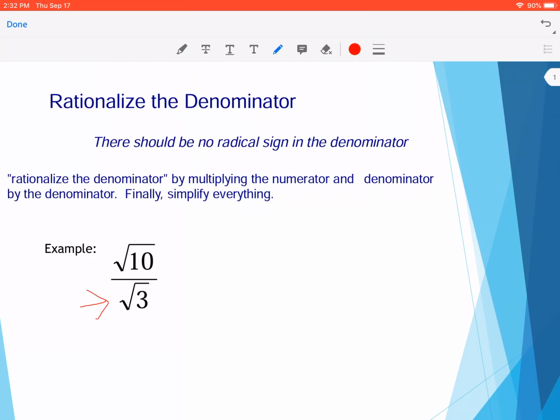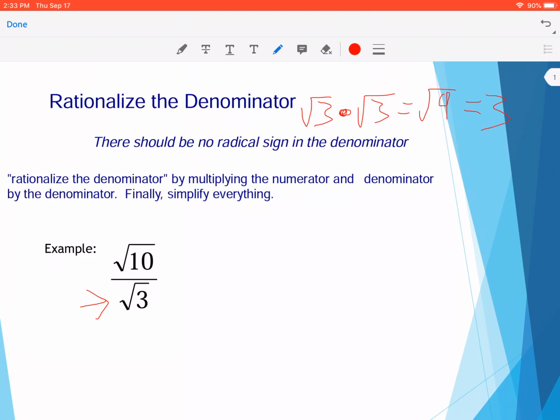The only way to get rid of a radical is to multiply it by its exact same radical. So if I had radical 3 and I multiplied it by radical 3, that gives me radical 9, which is a perfect square. That just turns into 3.